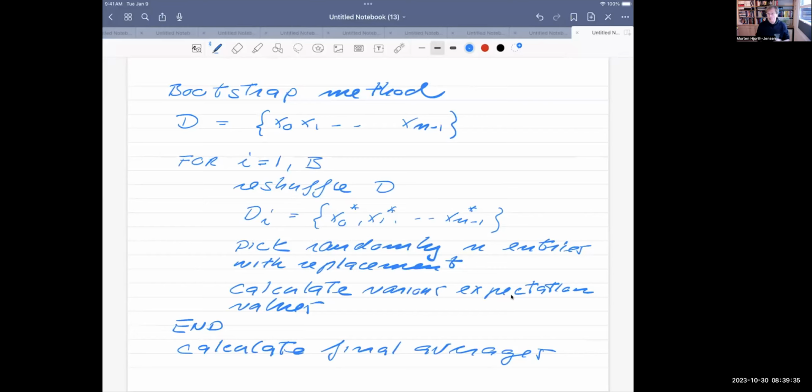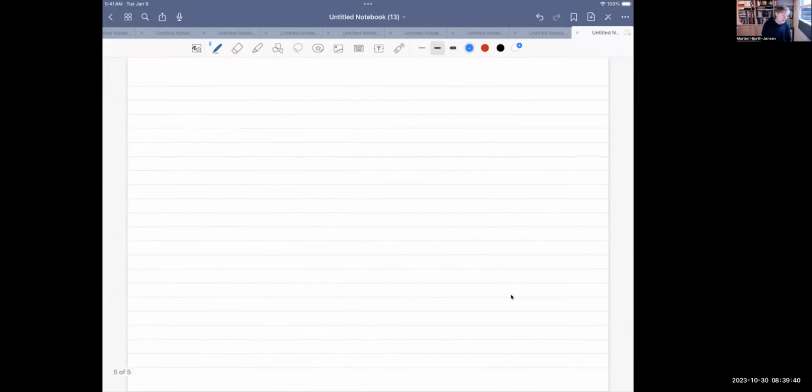So I will just repeat this, but before we do that and look at these examples, I wanted to say something about the bias-variance trade-off. Because this is used as a measure of overfitting and underfitting.